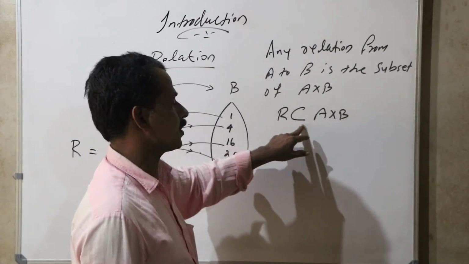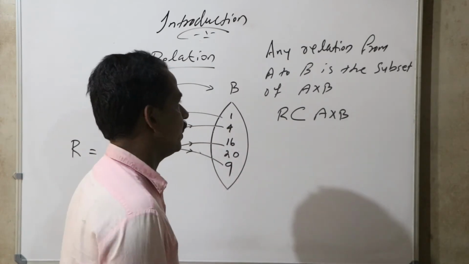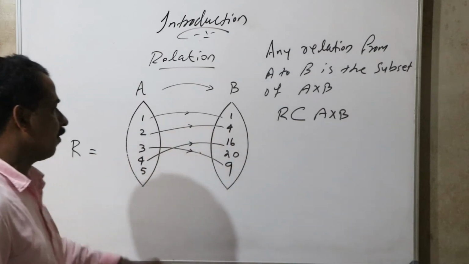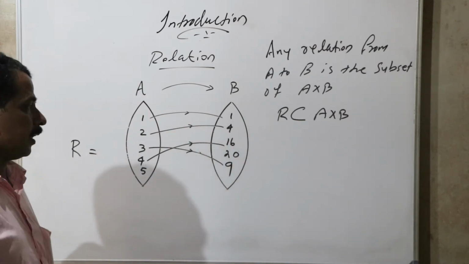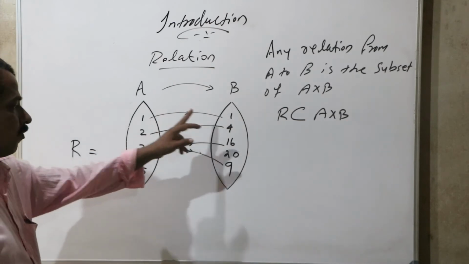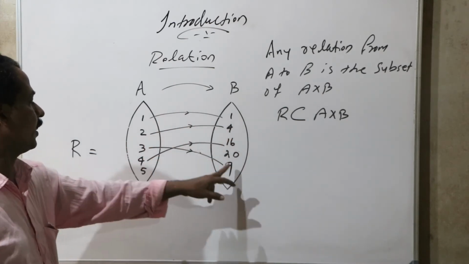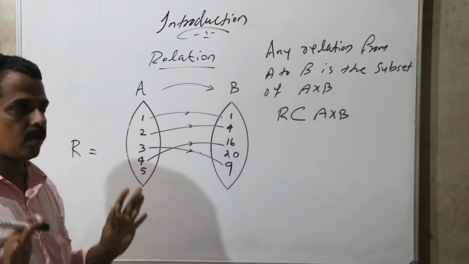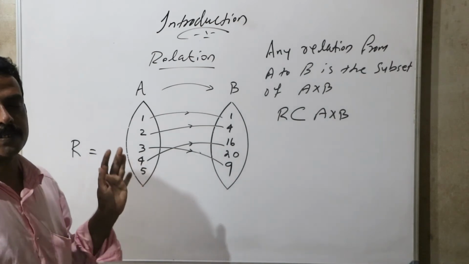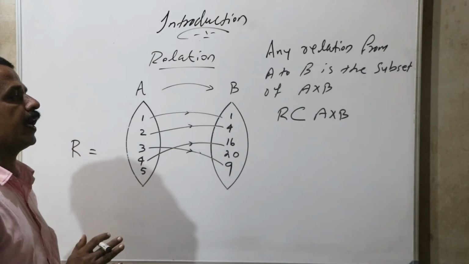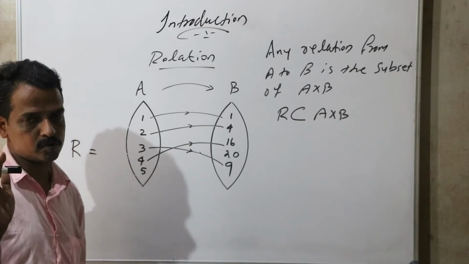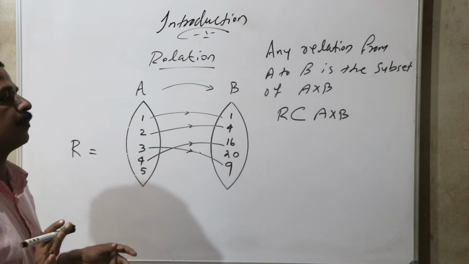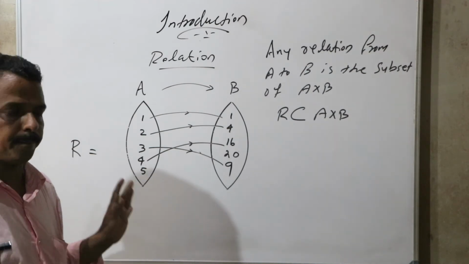That means any relation from A to B is a subset of A cross B. We make A cross B, we get 1 1, 2 4, 3 9 and 4 16 elements. So it is said that any relation from A to B is a subset of A cross B. That is enough. Okay.